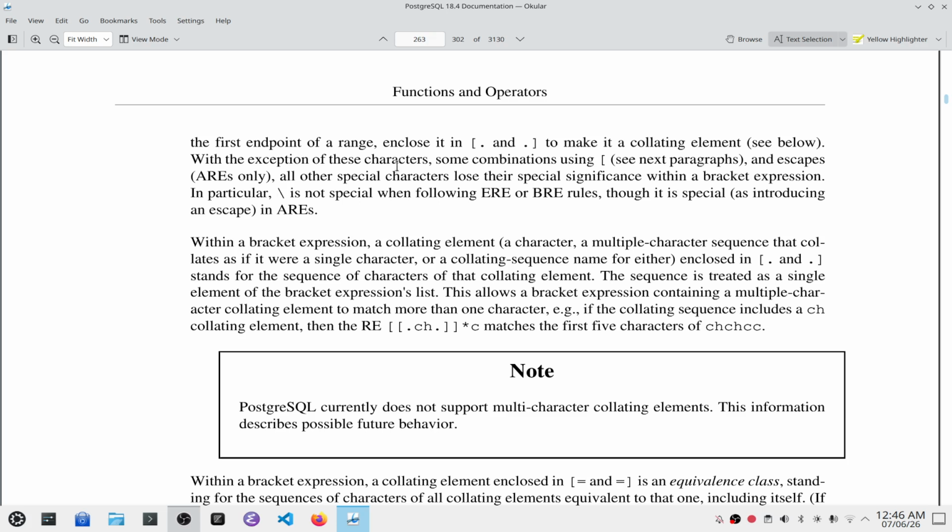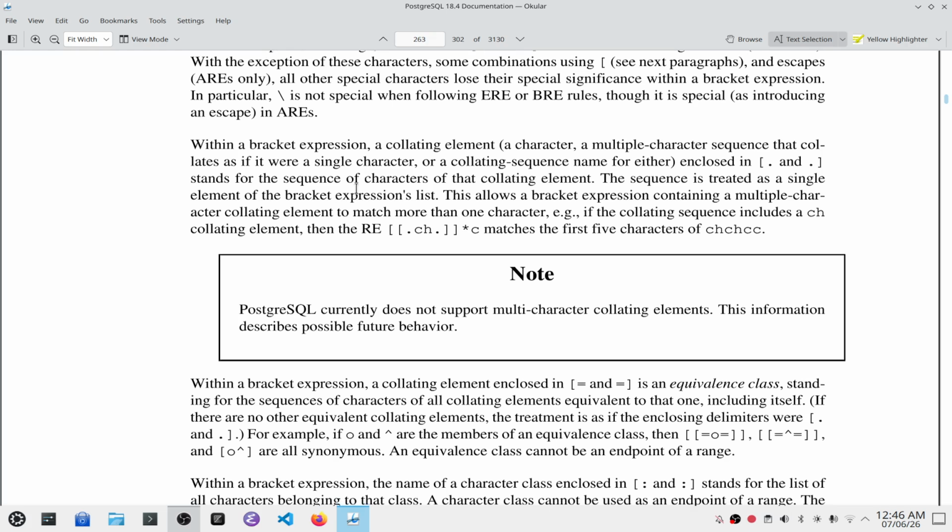With the exception of these characters, some combinations using bracket, see next paragraph, and escapes, AREs only, all other special characters lose their special significance within a bracket expression. In particular, backslash is not special in EREs or BREs, though it is special in AREs.